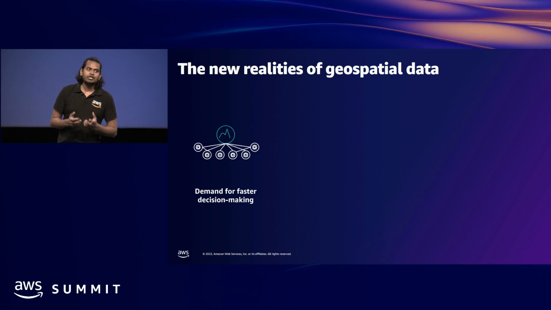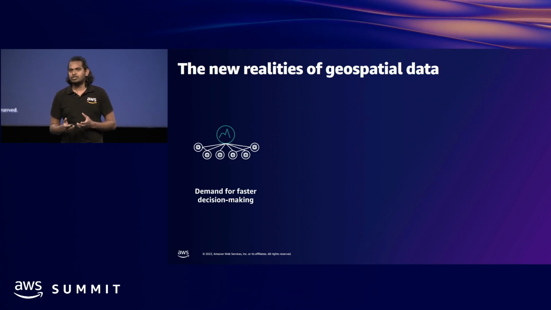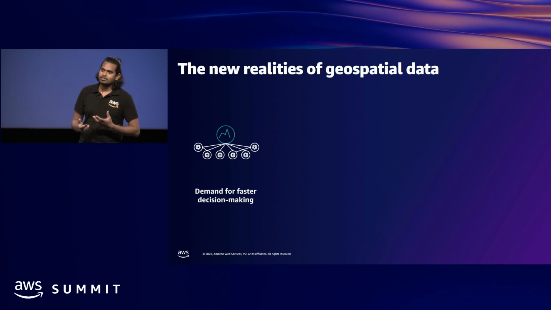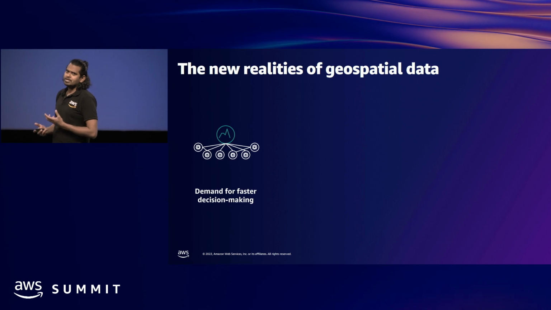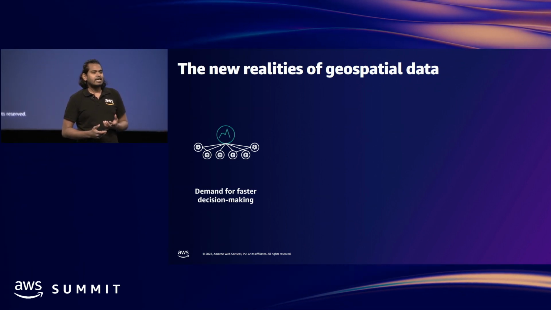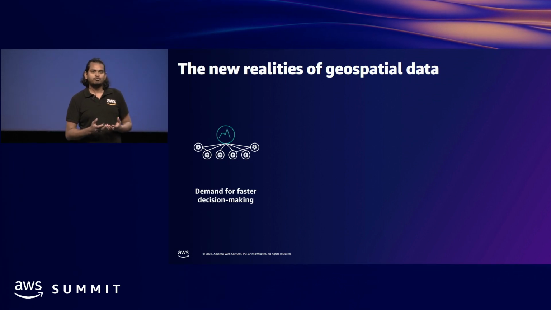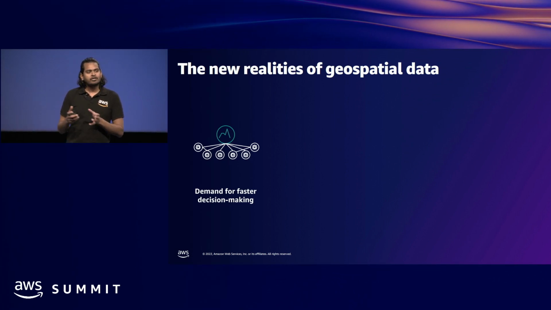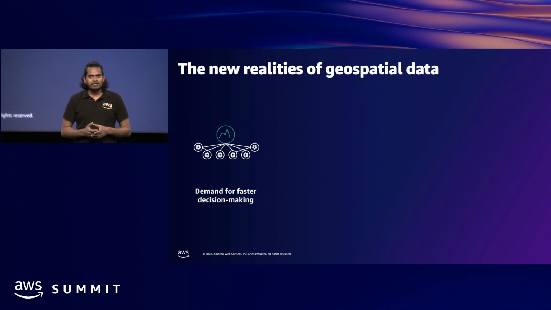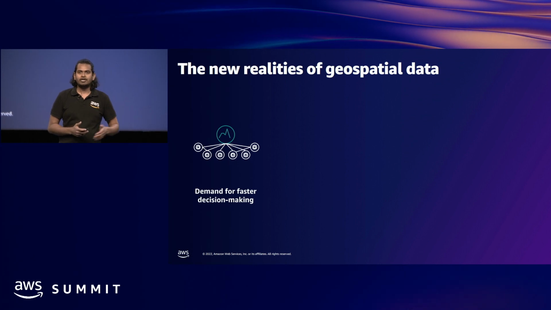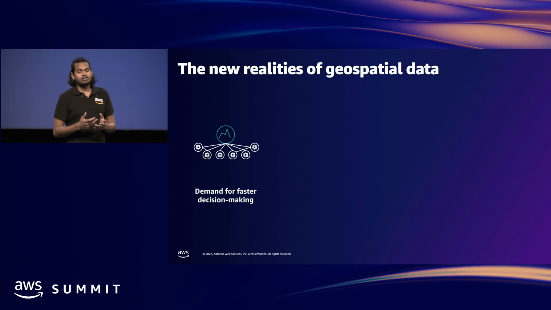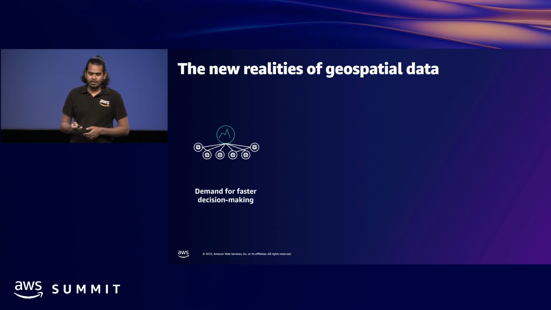For example, insurance companies are now using geospatial data to validate insurance claims. Logistics companies are leveraging geospatial data to optimize their supply chain operations. Even retail companies are leveraging geospatial data to understand which geography their product fits in best. So it's quite clear that business leaders want their data team to build a data platform, a data processing architecture, which can support these kinds of analytics.